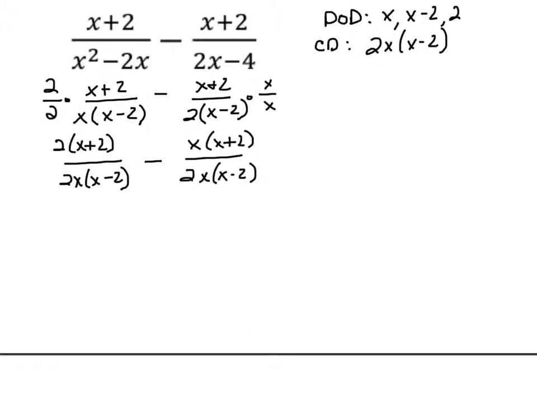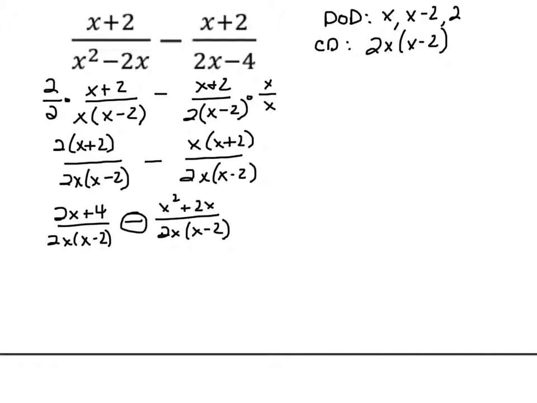Okay. Now that I've got common denominators, I'm going to go ahead and distribute. I've got a 2x plus 4 over 2x times x minus 2, minus an x squared plus 2x over a 2x times x minus 2. Okay. And now, because it's subtraction, I've got to distribute the negative to the second term. So this now becomes 2x plus 4 minus x squared minus 2x, all over 2x times x minus 2.